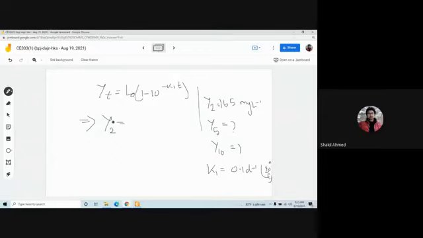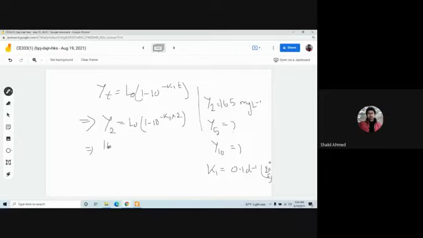So first of all, from this equation, you need to calculate the ultimate BOD. What will be the value of T here, guys? 2.